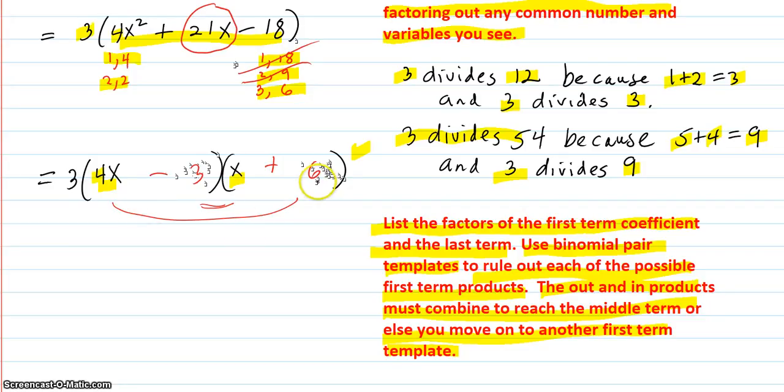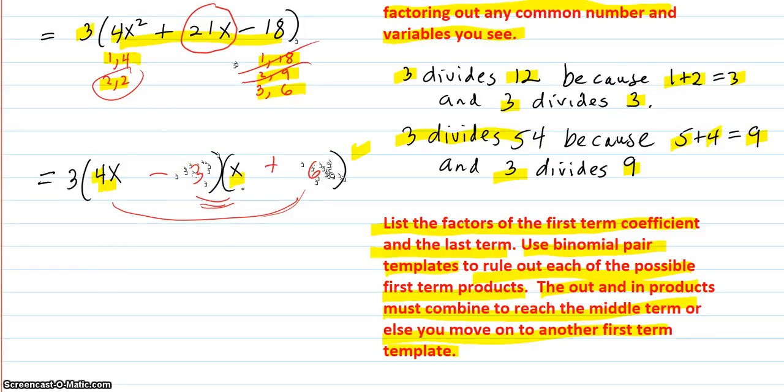Negative 24, no: 24 on the out, minus 3 is 21. So we found it. If that didn't work, the 4 and the 1, we would have gone on to the 2 and 2. So you exhaust all these and then go on to the 2 and 2.